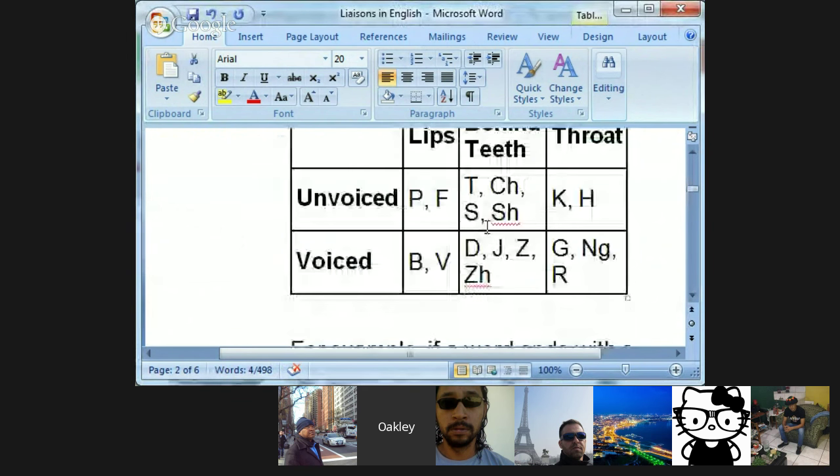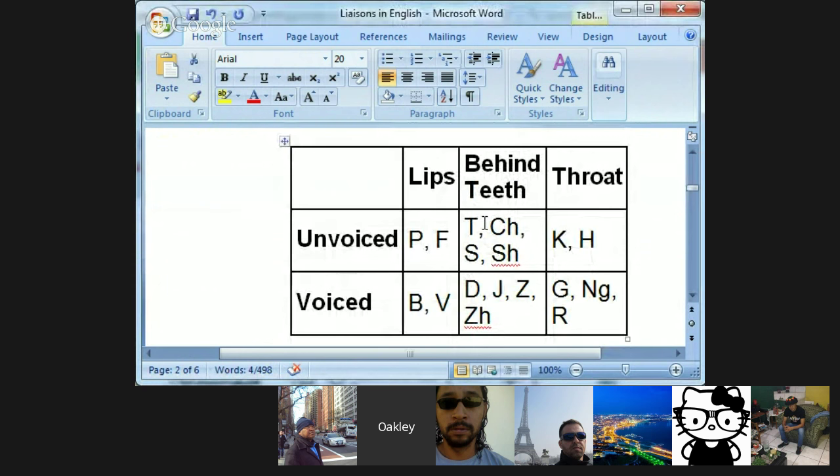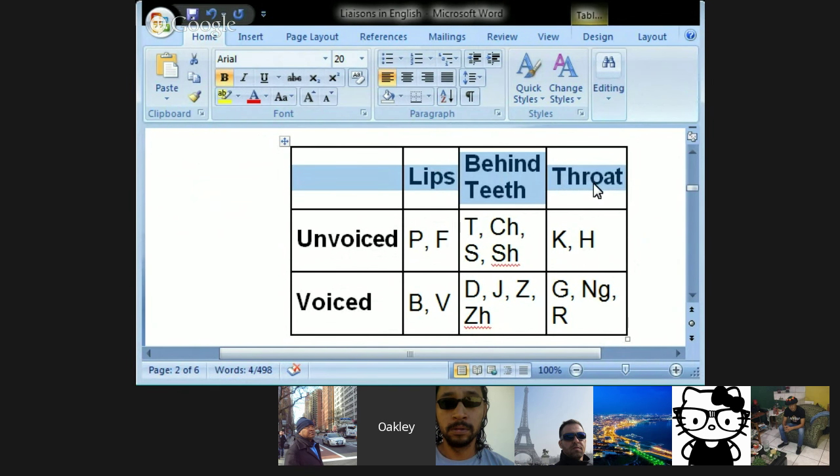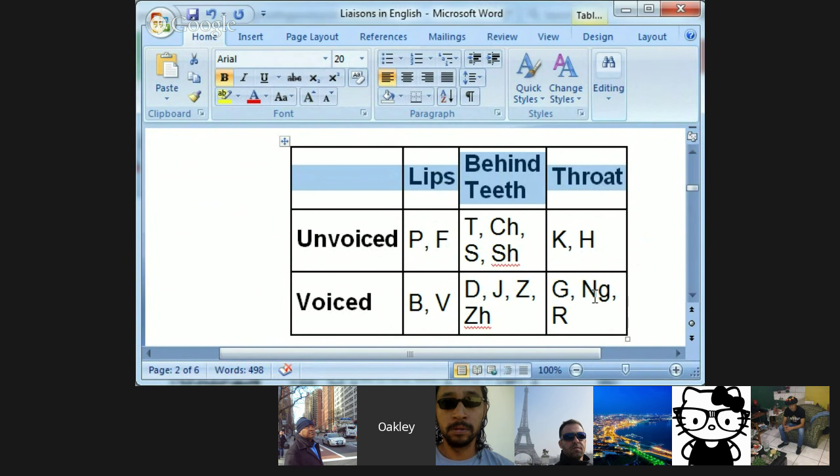Now, other consonants. This is kind of tricky. What we're thinking about here is where these sounds are being formed physically, physiologically: lips, behind the teeth, throat. Lips is pretty easy: P, B, and F. Of course, we have unvoiced sounds, just air pushing out, and voiced sounds where we actually have our vocal cords working.